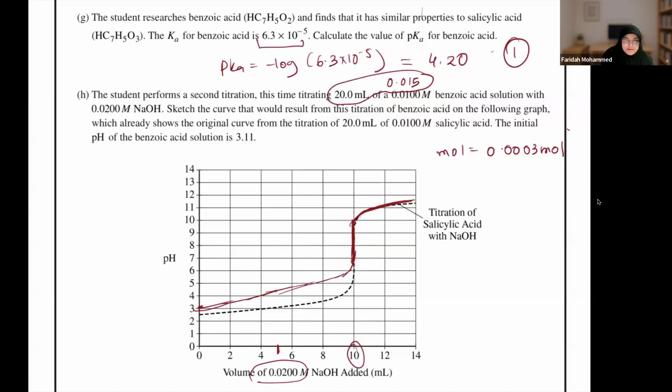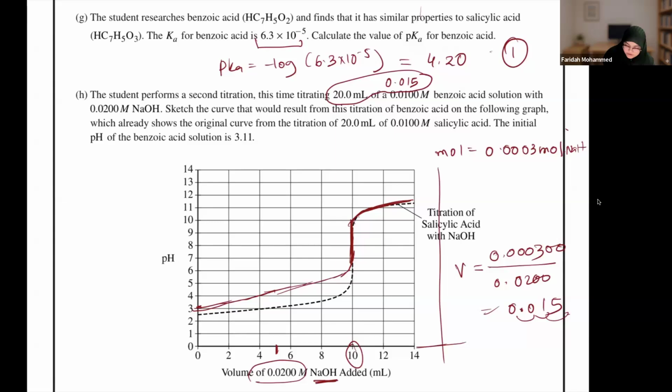And at equivalence point, the moles of benzoic acid would be the same as the moles of strong base. So this is also going to be the moles of strong base. To get the volume, you do the moles over the molarity. That gives you 0.015, or 15 milliliters.